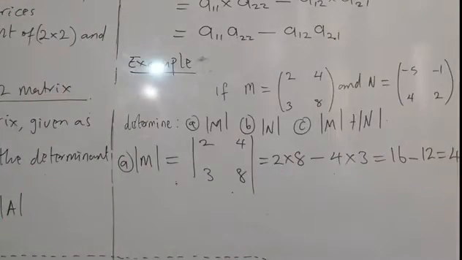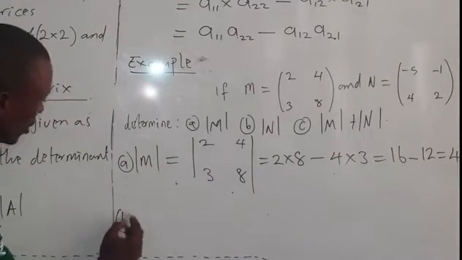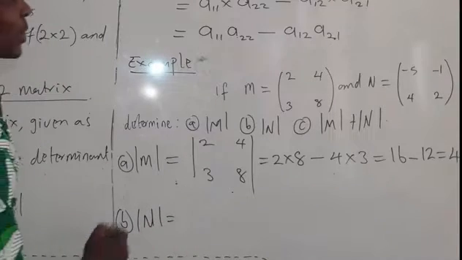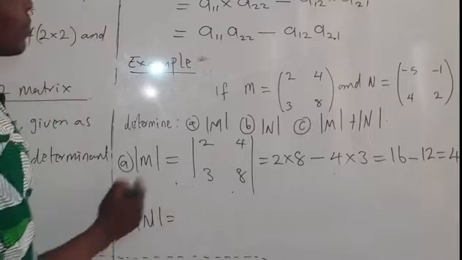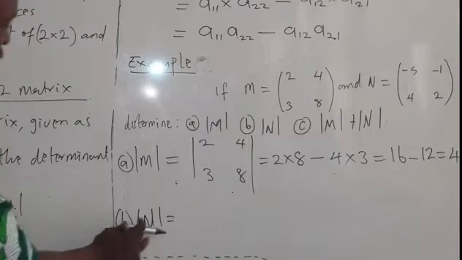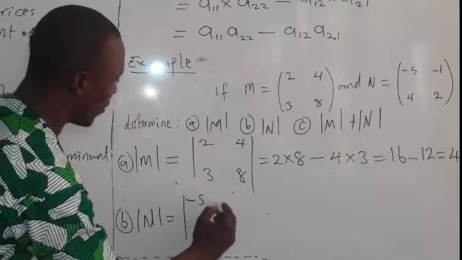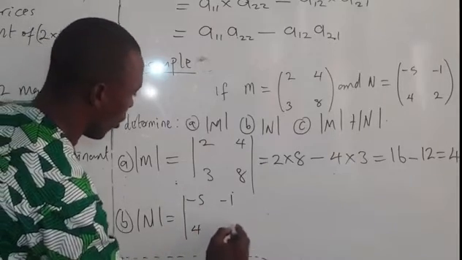For the second question, which is the B part, determinant of N. What is matrix N? Matrix N is minus 5, minus 1, 4, 2. So the determinant of N will be the determinant of minus 5, minus 1, 4, 2.